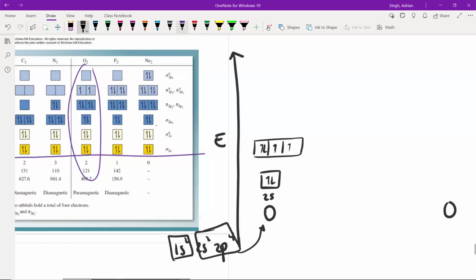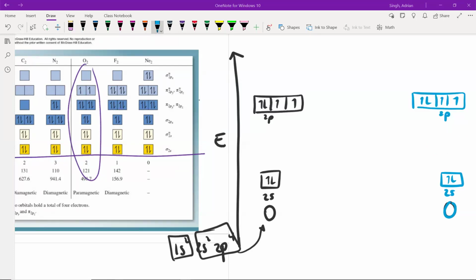Same thing with the oxygen on the right side. It's going to be identical to it. We're going to have our 2s with our 2 electrons in it, and then our 2p with 4 electrons. So 1, 2, 3, 4. So when we combine these, I should probably spread these out a little bit. So hang on a sec while I move them.